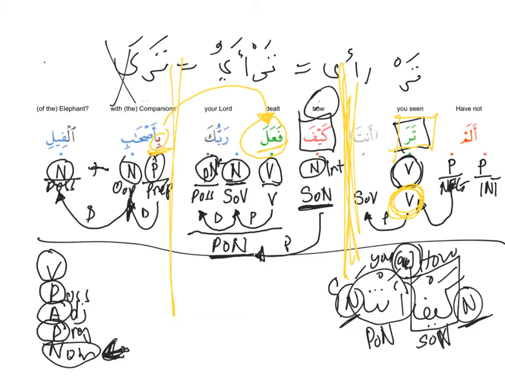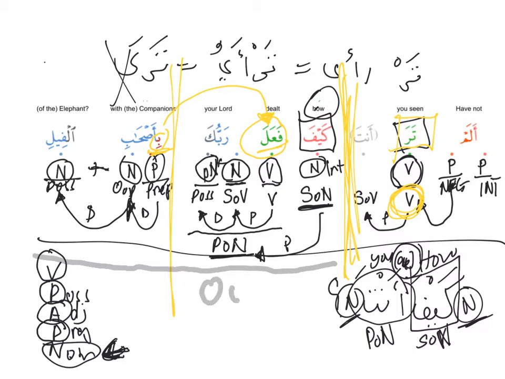The translation will be, have you not seen how your Lord dealt with the companions of the elephant? So you just take the whole structure, which is this: how your Lord dealt with the companions of the elephant.